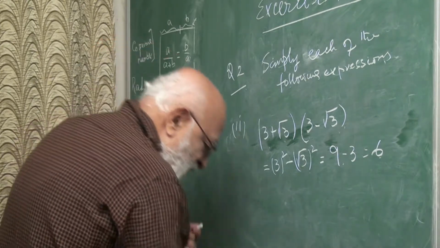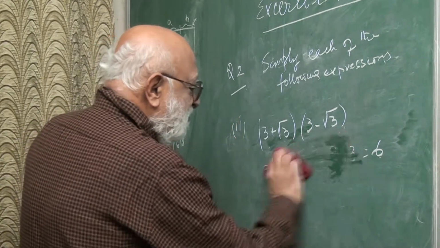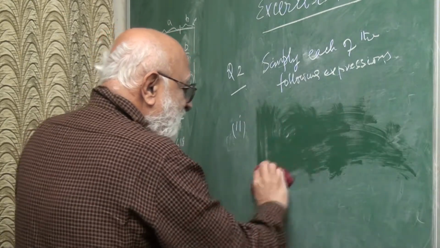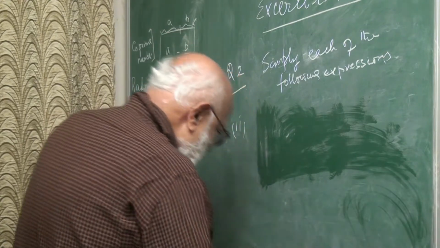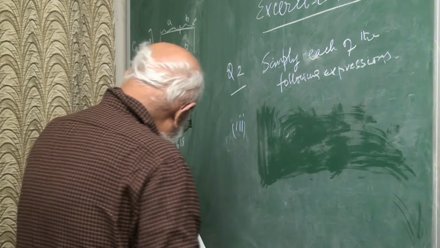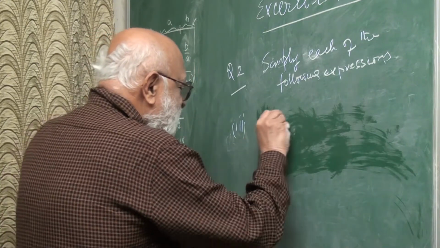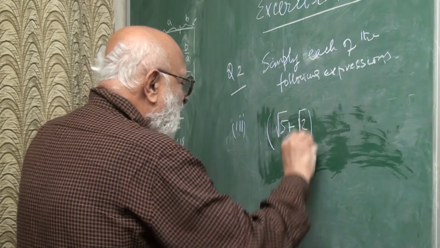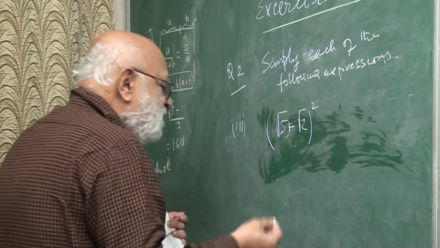Now we will go for number 3, part 1. These are one-line questions. Very, very important, as they come in MCQs. This kind of question you can save time on and utilize the time in other cases. So this is root 5 plus root of 2 whole square. Use a square plus b square plus 2ab.